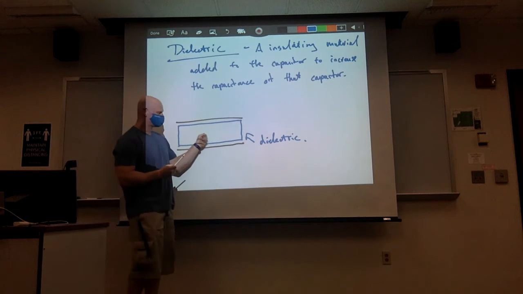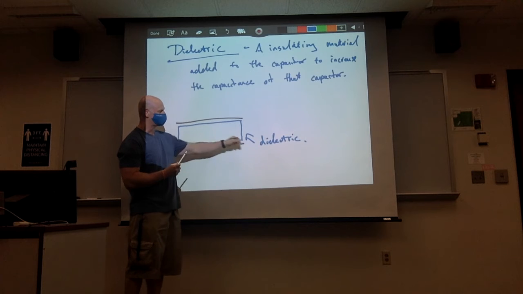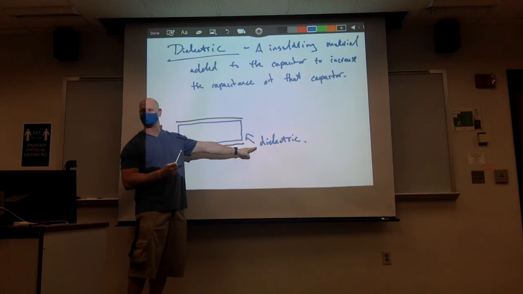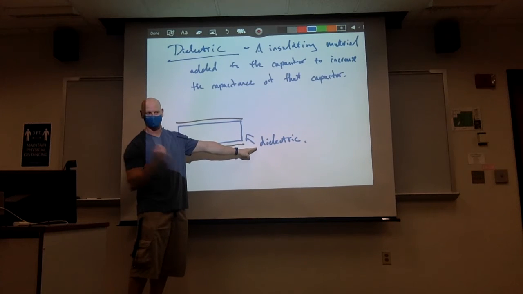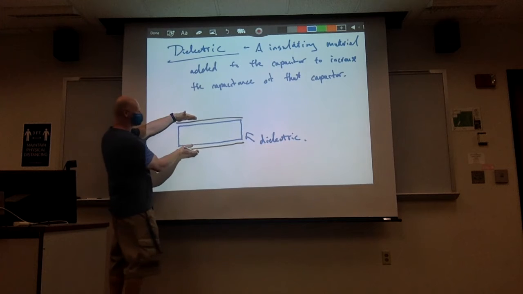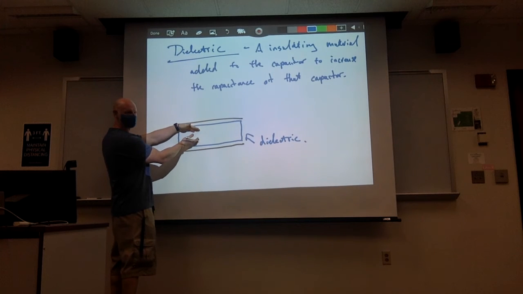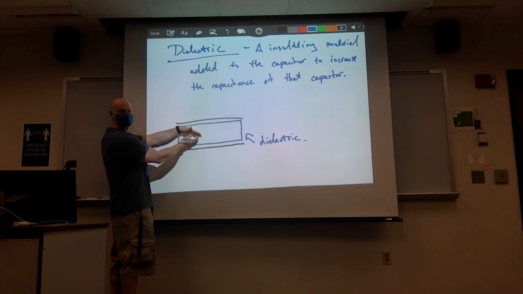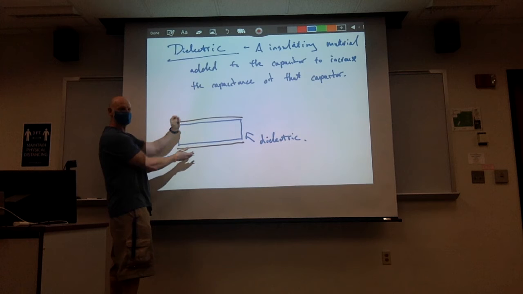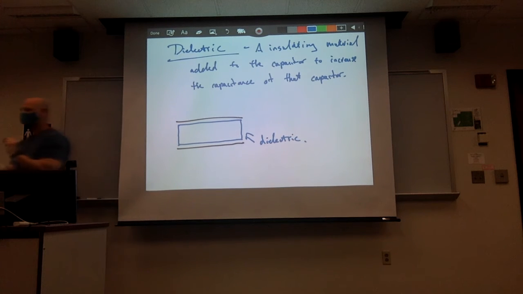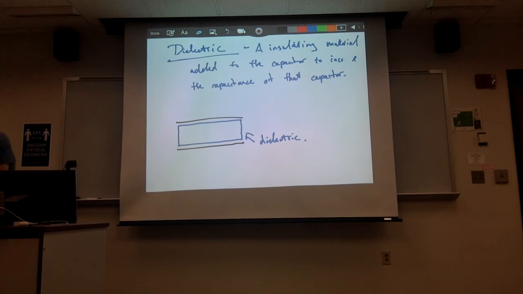It turns out that the reason this works is because, as we talked about with the difference between insulators and conductors, when these plates are charged, this material doesn't have charges which are allowed to freely move, but it does allow for polarization. So I get small charge separation, which allows for small polarization on the inside. For example, let's say this is my positively charged plate and this is my negatively charged plate.